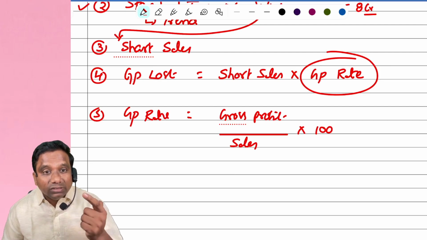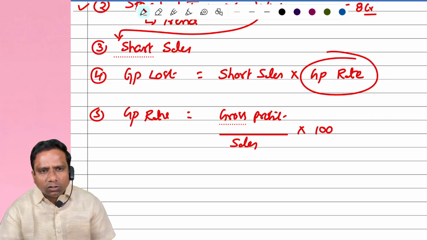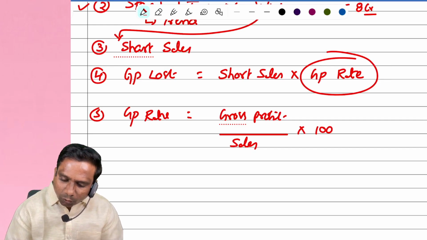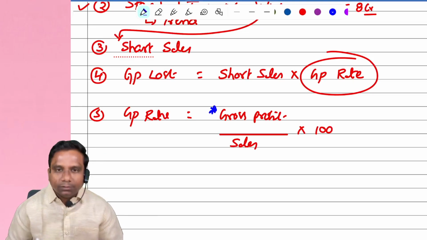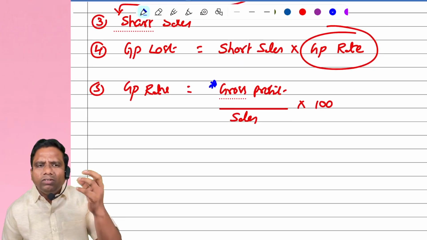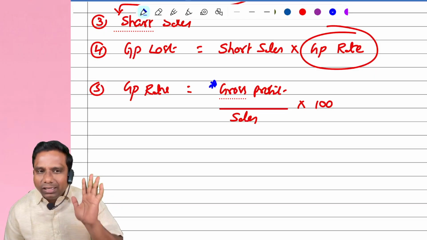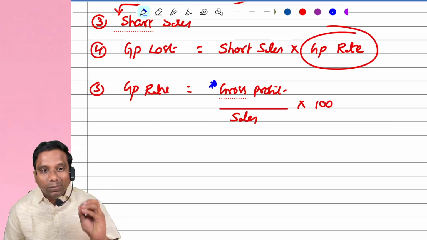But in case of insurance, at the time of calculation of this loss of profit, do remember, what does gross profit mean? Normally, gross profit means whatever profit we get on the trading account debit side, sir. Yes, that is 100% correct.